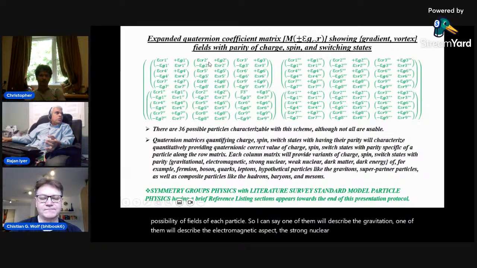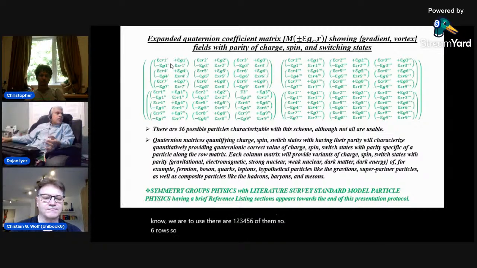I mean, these two always we have to use. There are 1, 2, 3, 4, 5, 6 of them, so 6 rows. So for example, for gravitation we use this first row for a particle, and electromagnetic we use the second row, strong nuclear the third row, weak nuclear the fourth row, dark matter the fifth row, and the dark energy as the sixth row.